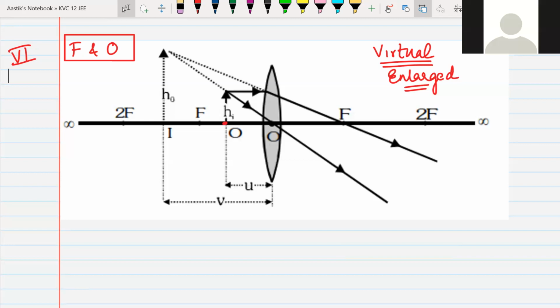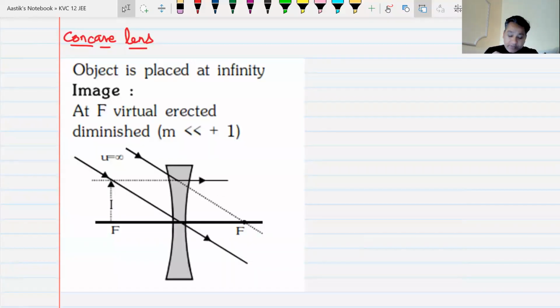At focus. Will it be real or virtual? Virtual. Would it be enlarged or diminished? Diminished.